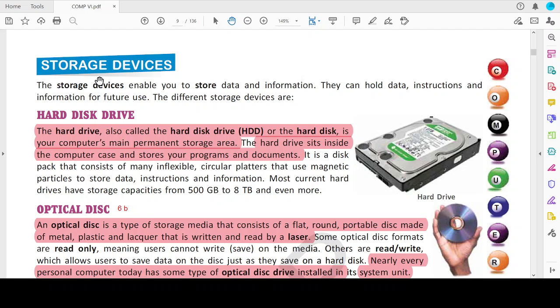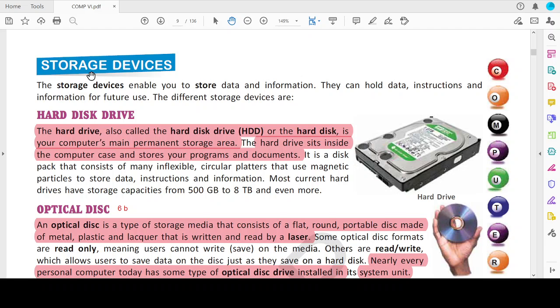Now in this tutorial we will see what are the storage devices that are used in a computer system.